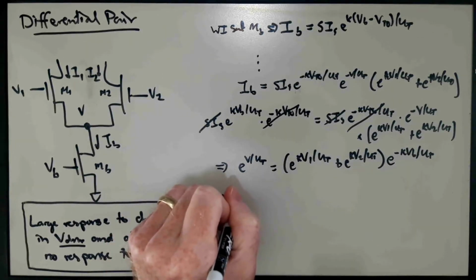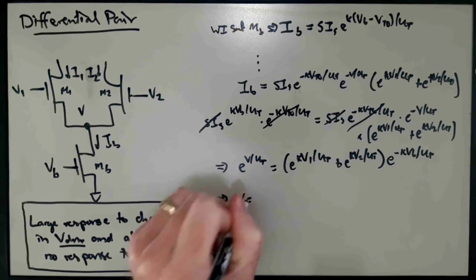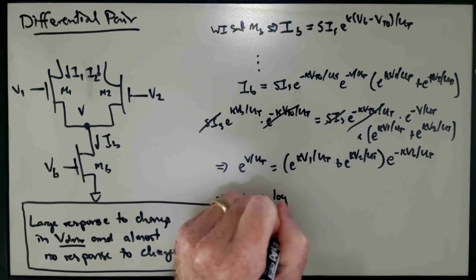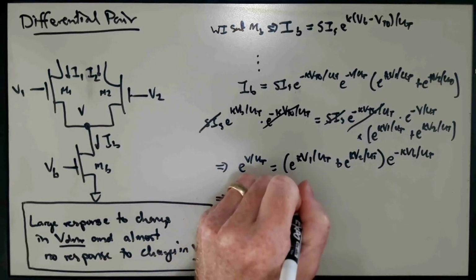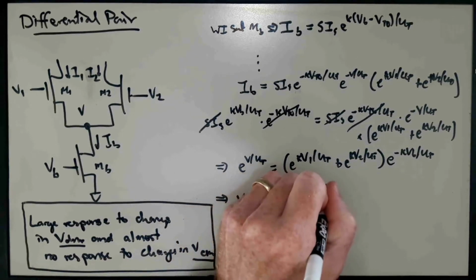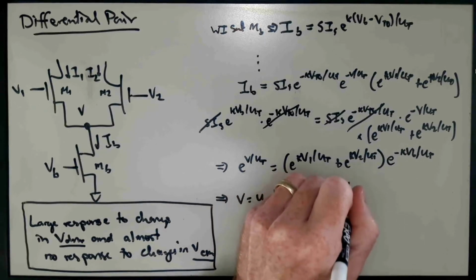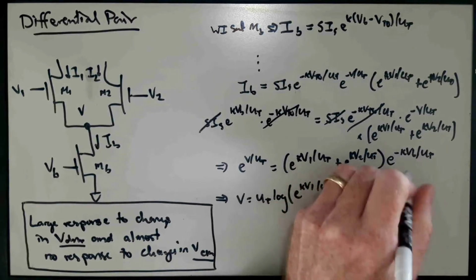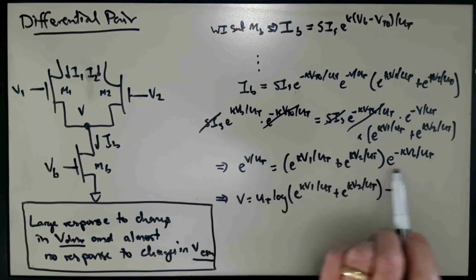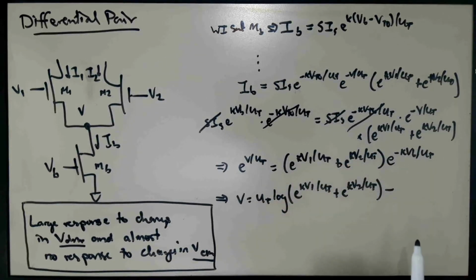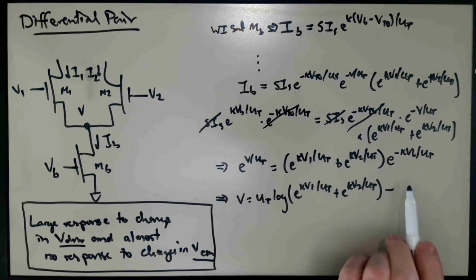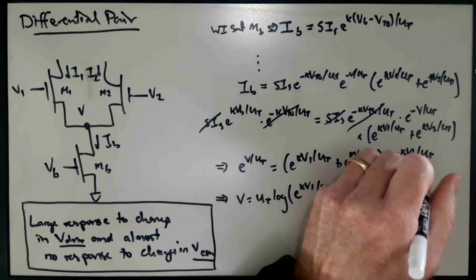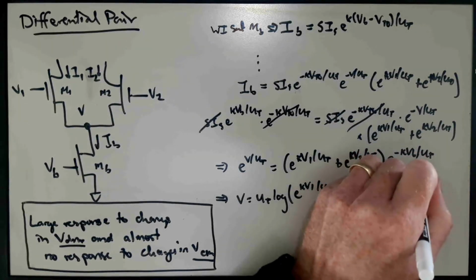we can write this as V equals UT times the log of e to the kappa V1 plus e to the kappa V2, and then having broken out this factor as a separate sum of log, having undone the exponential with the log and canceling the UT, we have minus kappa times VB.